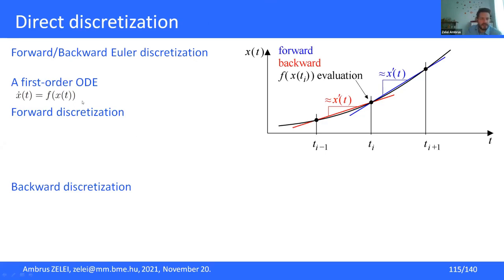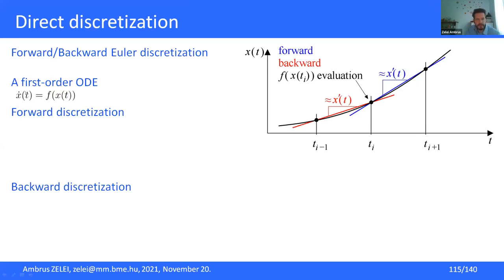Let's say we have a differential equation, x dot equals some function of x, and we have two choices. We are in the digital world, so we would like to solve it by a computer. So t is not continuous, t is just going step by step.